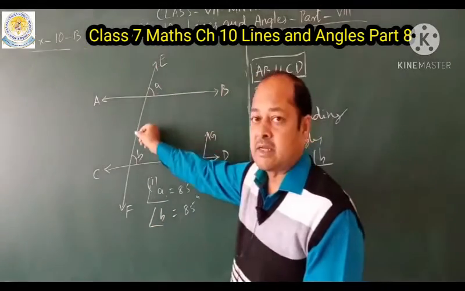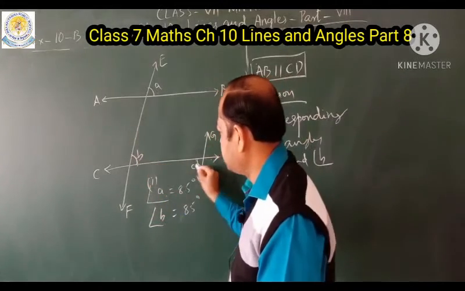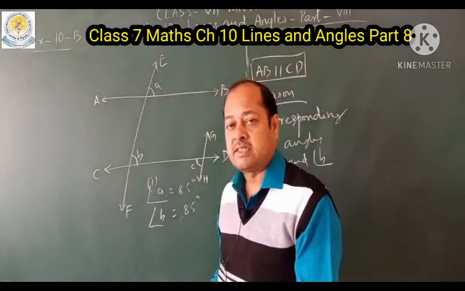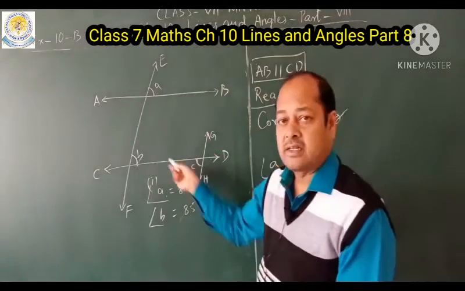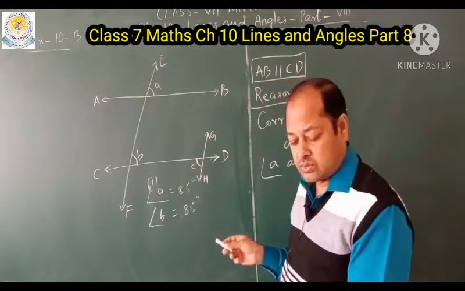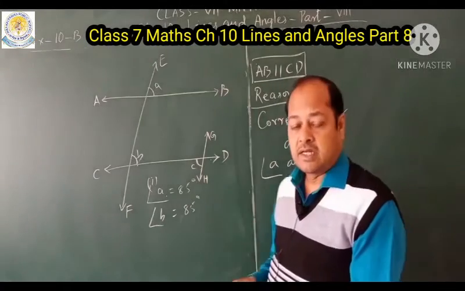If these two lines are parallel, then B must be the same as C. The reason is alternate angles, the interior alternate angles. So you can write the second reason as alternate angles.